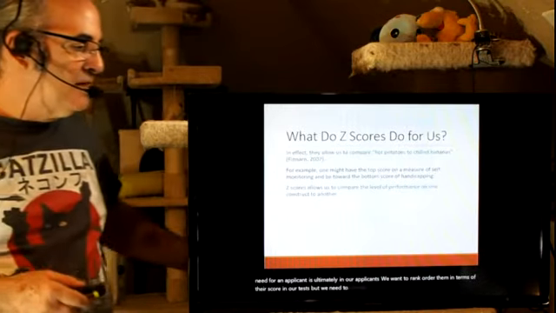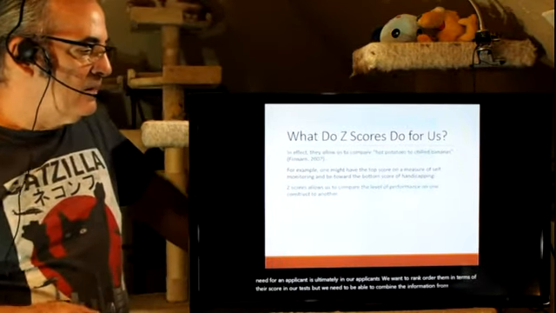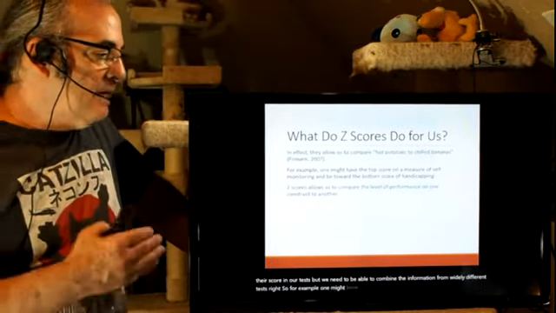For example, one might have a top score on a measure of self-monitoring, but be toward the bottom on a score of self-handicapping, and this allows us to combine those measures into a score. So z-scores allow us to compare the level of performance on one construct to another.